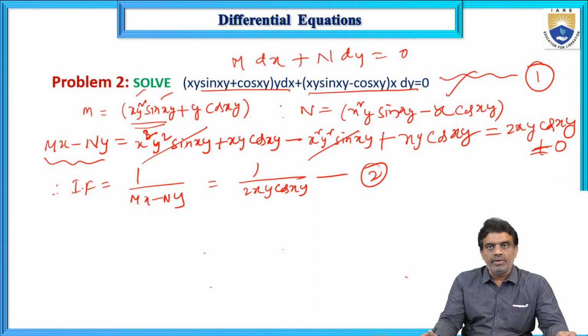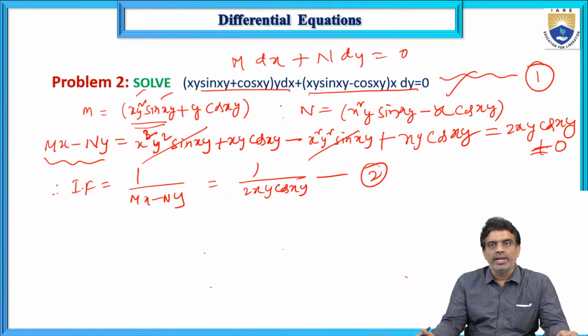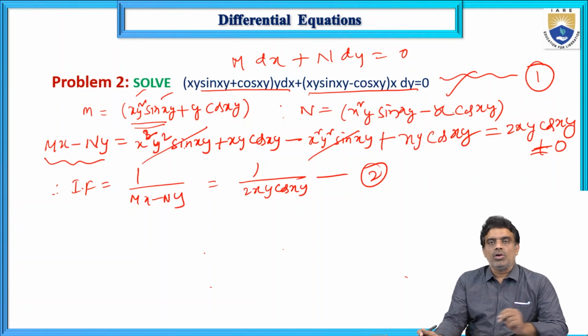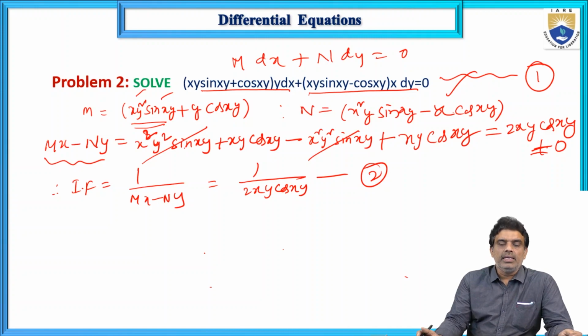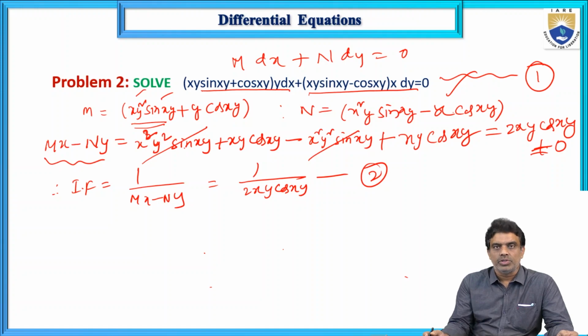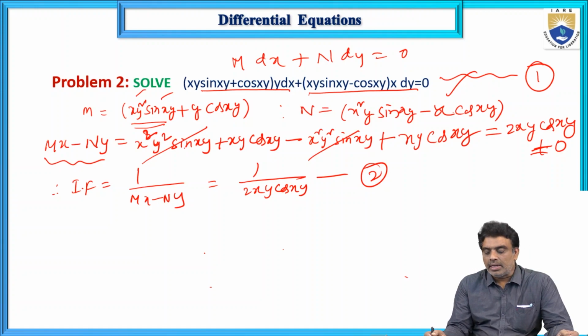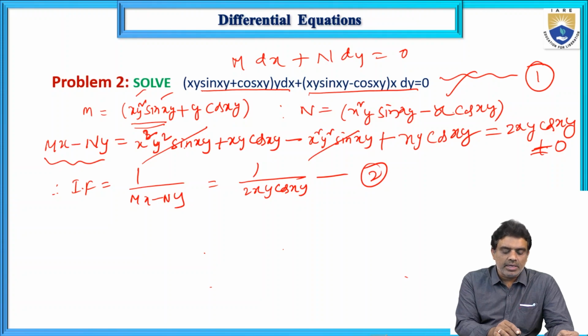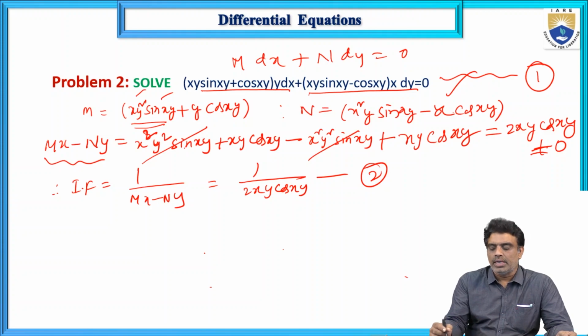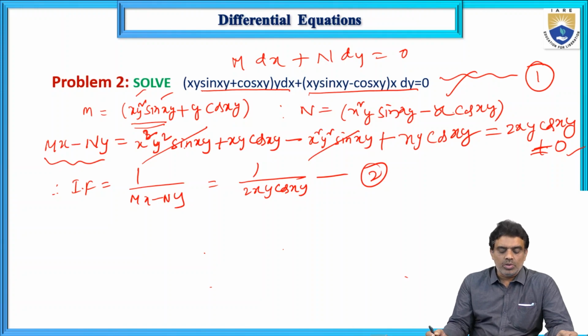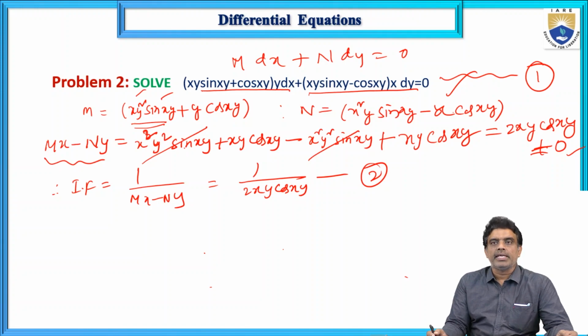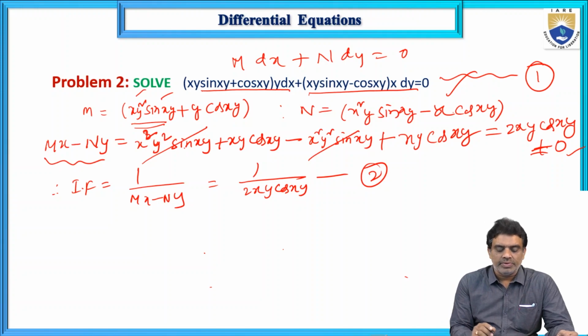If these two are not equal, the condition of exactness fails, so the equation is not an exact equation. If it is not an exact equation, we see that the given equation is in the form y into f of xy dx plus x into g of xy dy is equal to 0. So to find the integrating factor, we calculate Mx minus Ny also, and clearly it is not equal to 0. So the integrating factor is 1 by Mx minus Ny, that is 1 by 2xy into cos xy.